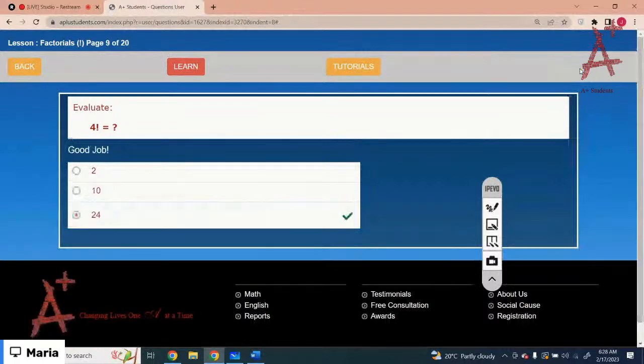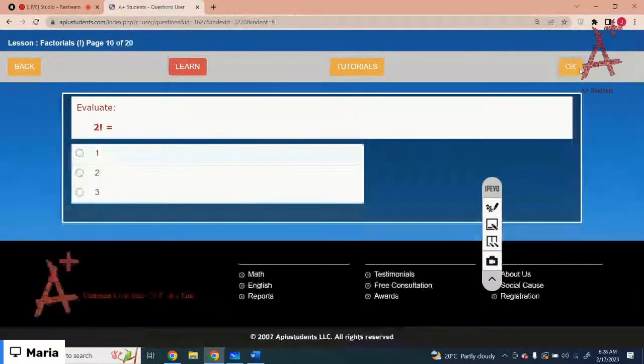Okay, the next one is 2 factorial. 2 factorial is, very good, it is 2.